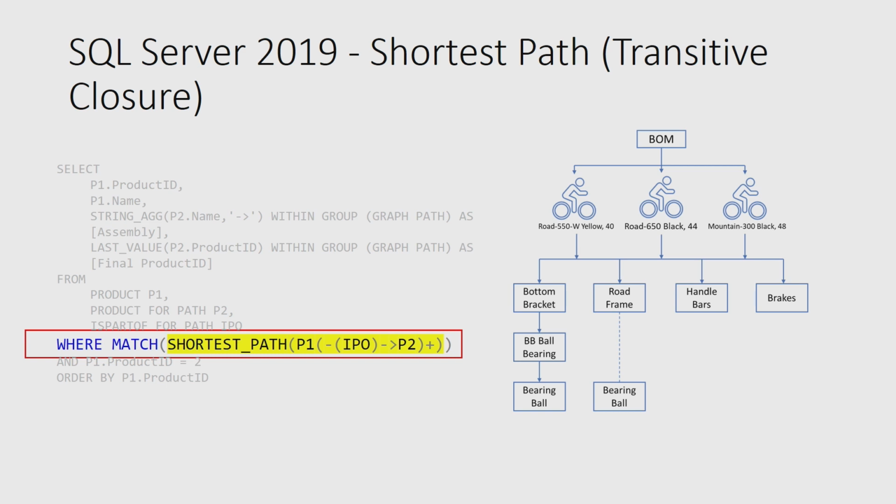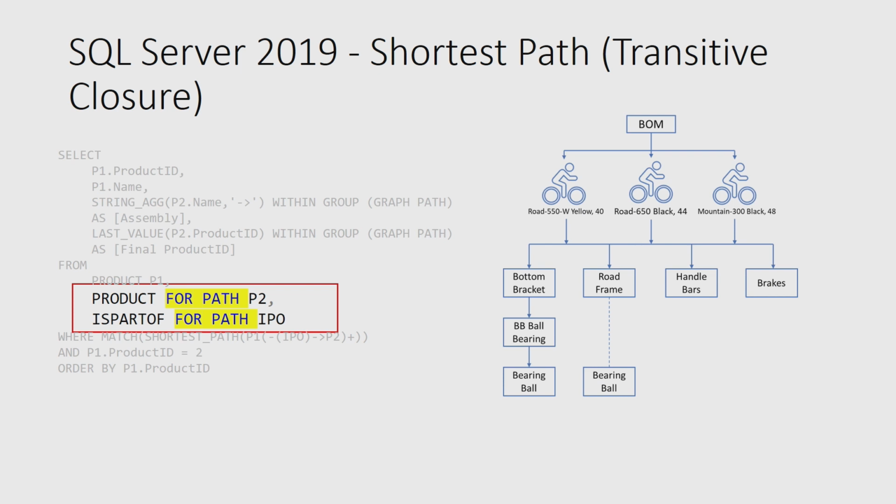It's an ordered collection of edges and nodes that were traversed in that path to get to the particular product. To tell the engine that this particular pattern has special semantics, that there is an ordered collection of nodes and edges coming out from it, we use this for path syntax in the from clause.